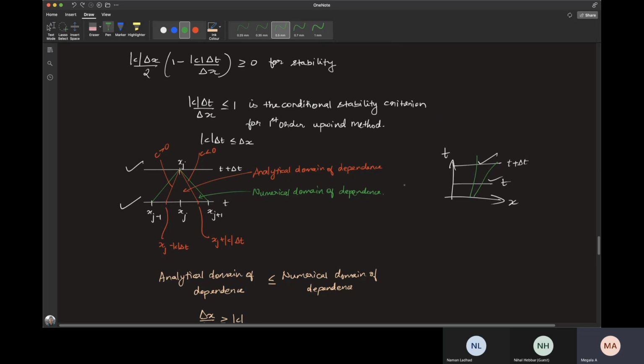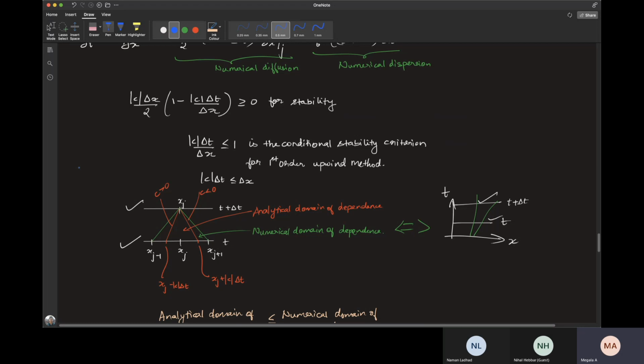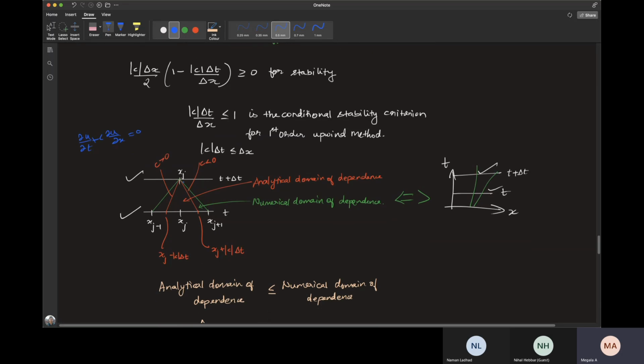So these two pictures are actually equivalent in one sense. So let us, for this problem, take ∂u/∂t + c ∂u/∂x = 0.